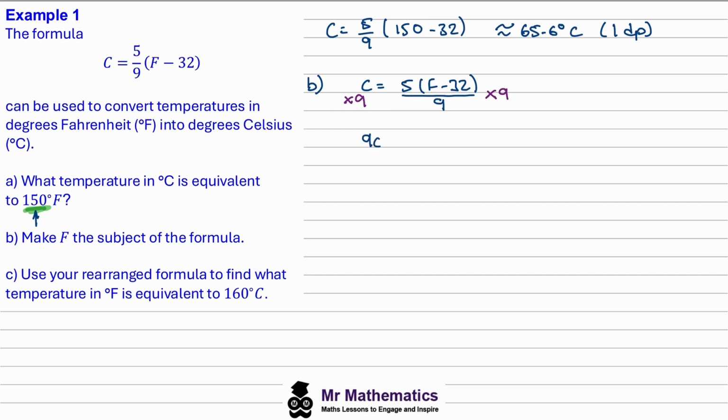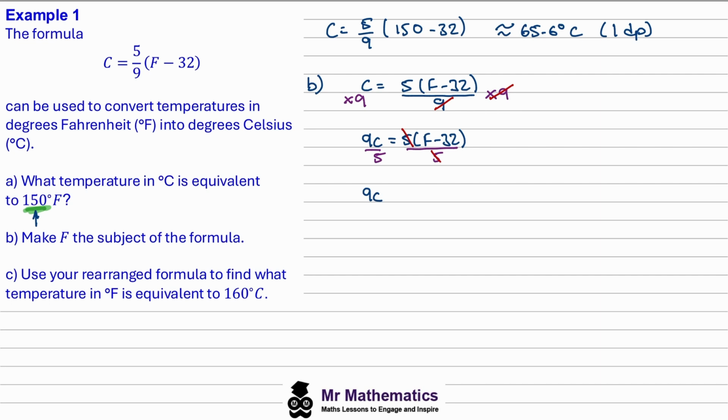and we get 9C. This division and multiplication will cancel, and we'll get 5 lots of F minus 32. Now we can move this 5 to the left-hand side, and because it's a multiplication of 5, we'll divide both sides by 5. And again, the multiplication and division will cancel.